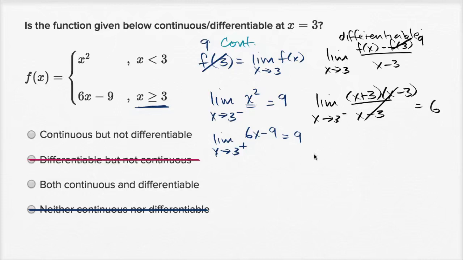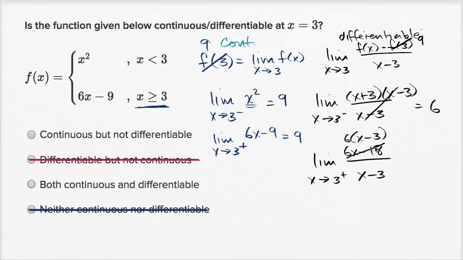Now let's evaluate the limit as we approach from the right-hand side. Once again, it's f of x, but as we approach from the right, f of x is 6x minus 9, and then we have minus f of 3, which is 9. So it's 6x minus 18, which is the same thing as 6 times x minus 3.